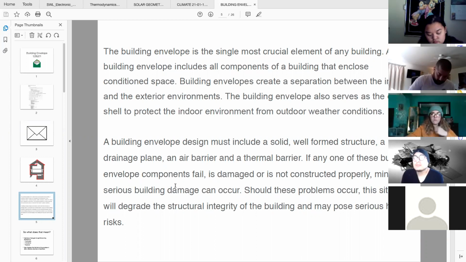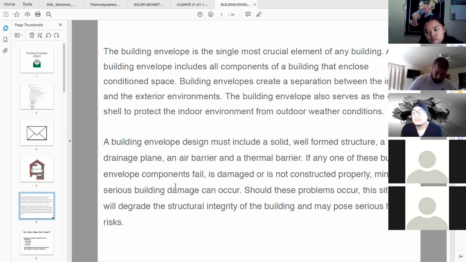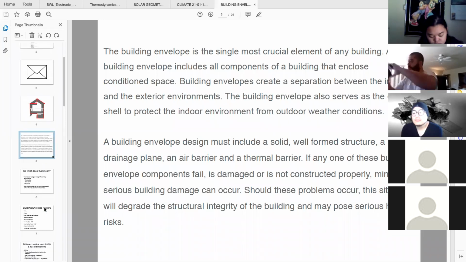It also protects the building from the climate and weather conditions. In terms of weather, it's protecting the building from moisture, air, heat, and cold.